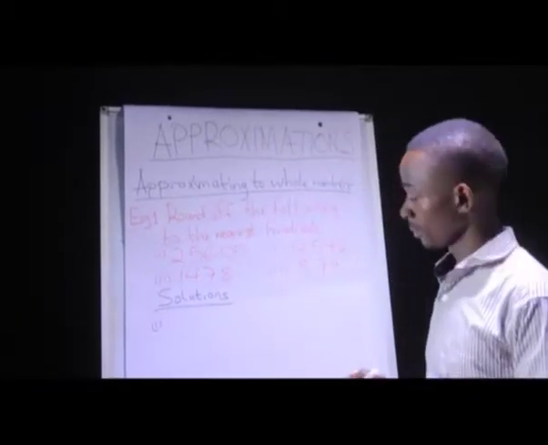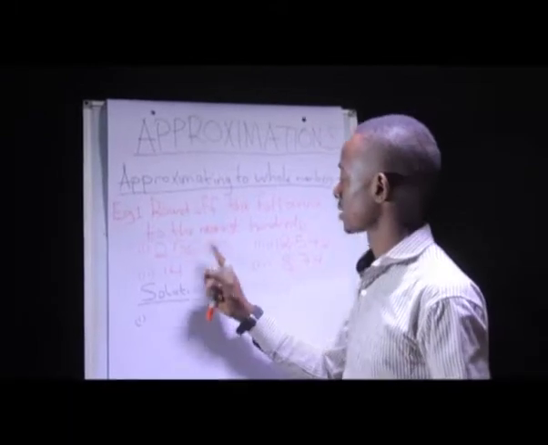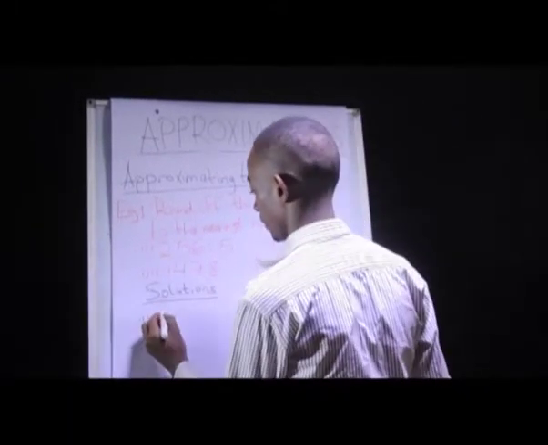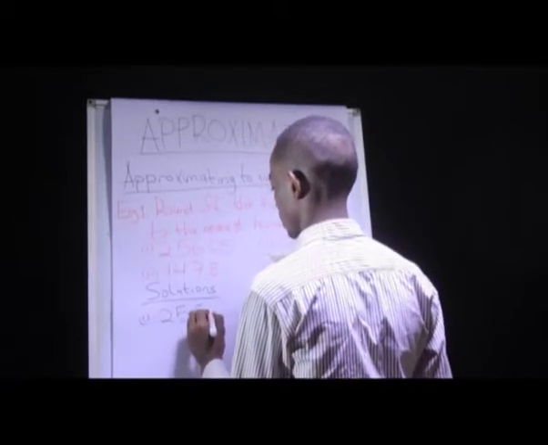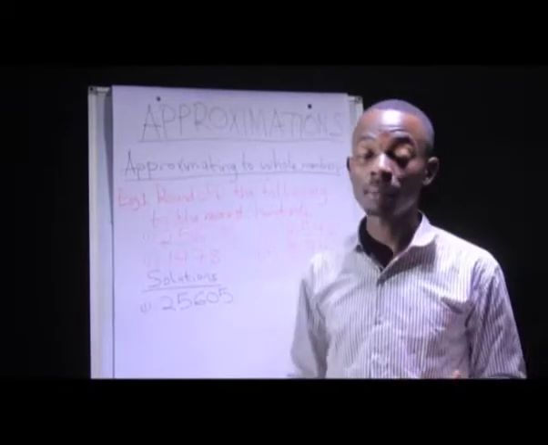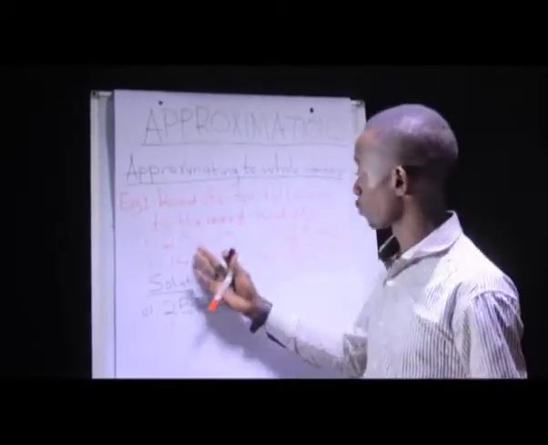So number 1, I have this number is 25,605. So when I write this number here, I have 25605.